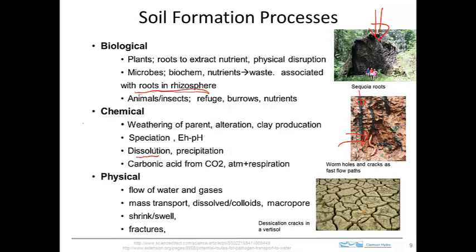Sometimes these conditions favor dissolution, and sometimes they favor precipitation. One thing that happens in soils that can be pretty striking is the precipitation of calcium carbonate to form caliche. This forms a very hard layer that can be difficult to dig through or hand auger through or penetrate.